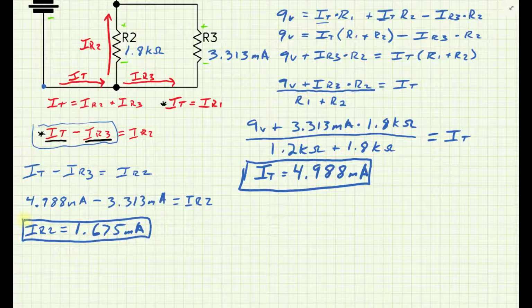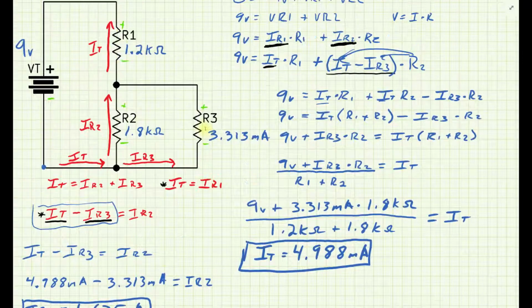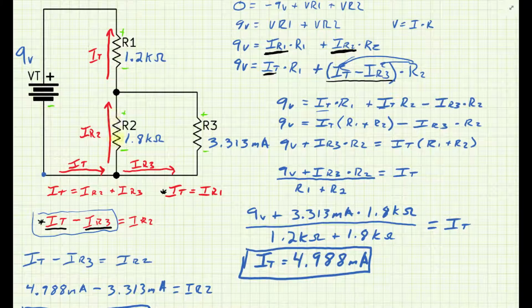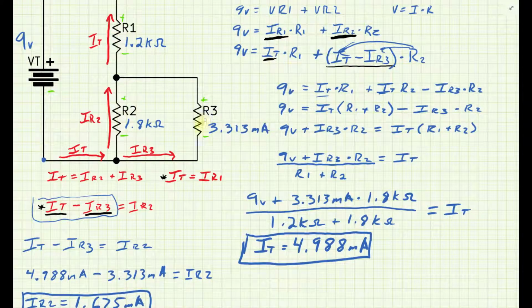So now I know all my currents. I know the current through R2, I know the current through R3, and I know the current through R1. I know the resistance of R1, I know the resistance of R2, so I have enough to figure out those two voltage drops.